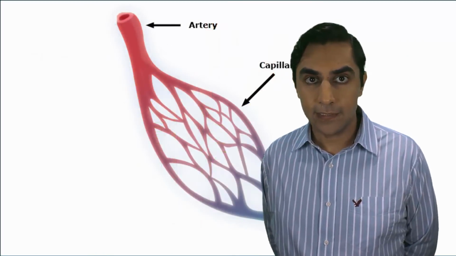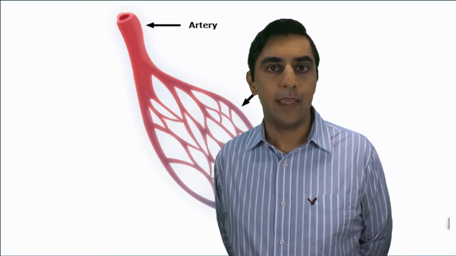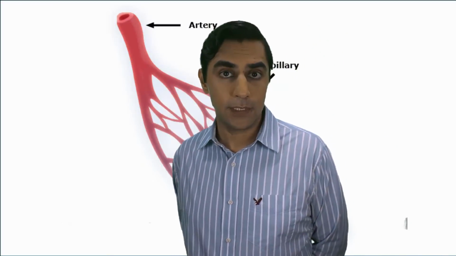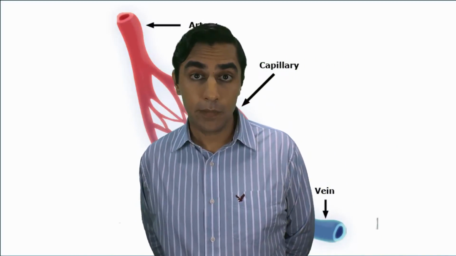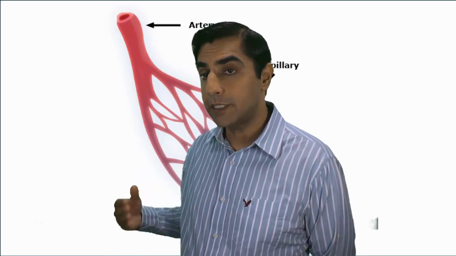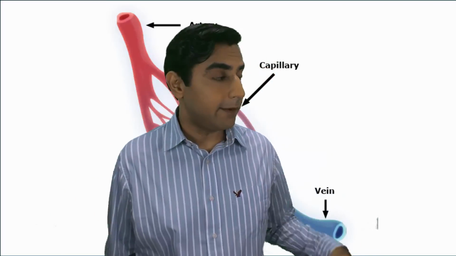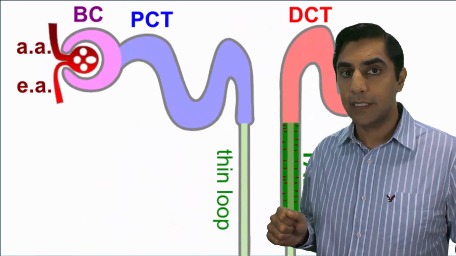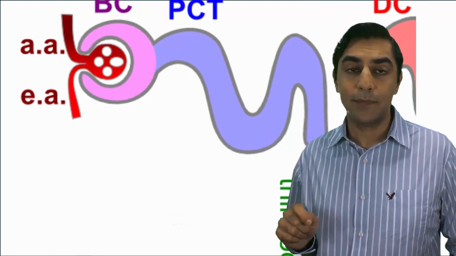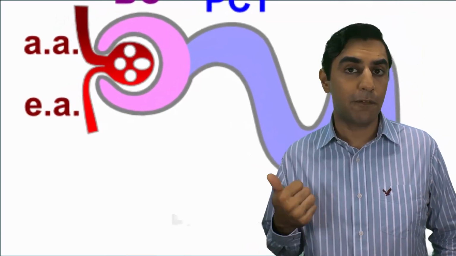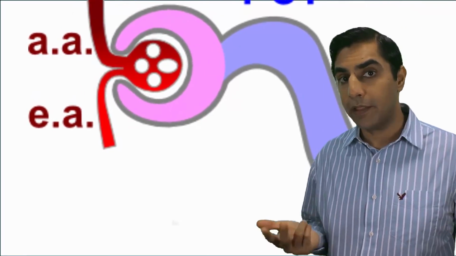What really defines the glomerular capillary bed is that it's different from most capillaries in the body. Unlike most capillaries, which exist between an arteriole on the upstream side and a venule on the downstream side, the glomerular capillaries exist between 2 arterioles, and that's going to be a huge factor in determining pharmacology, treatment, and pathophysiology.